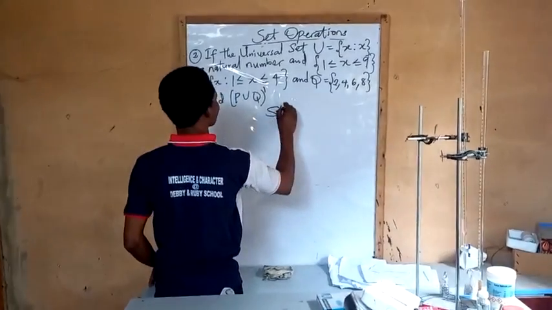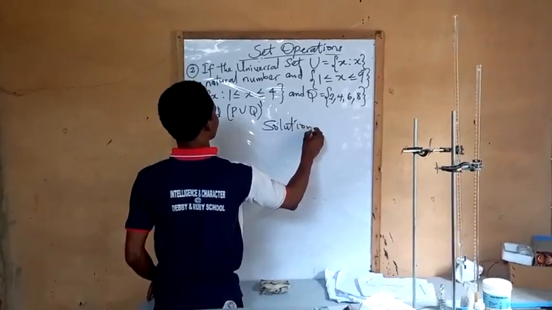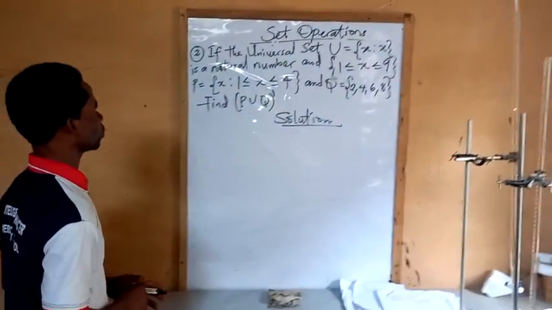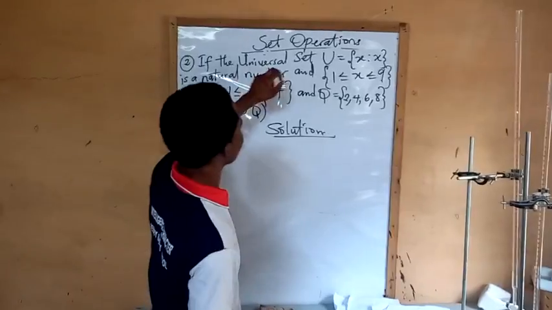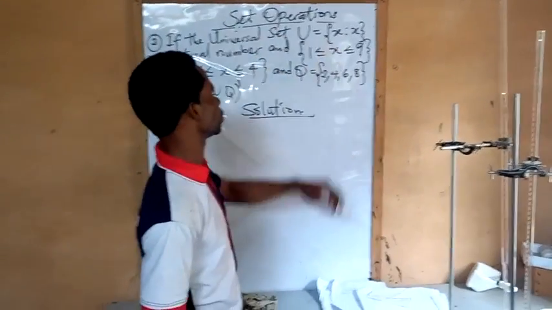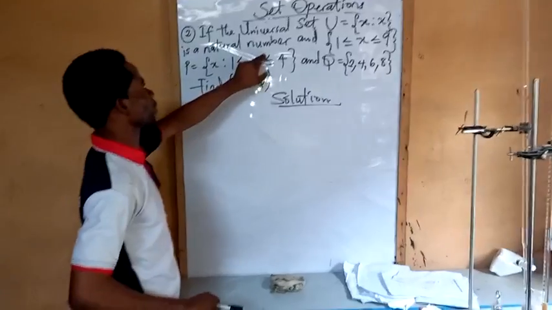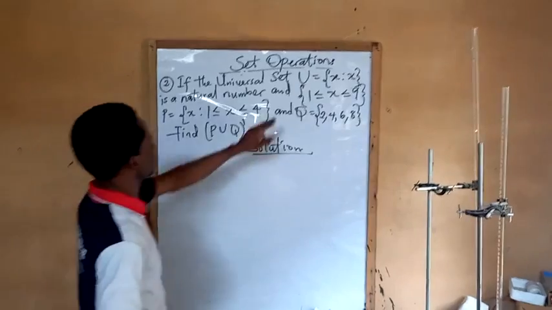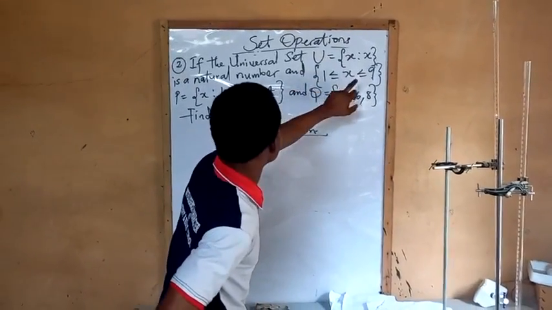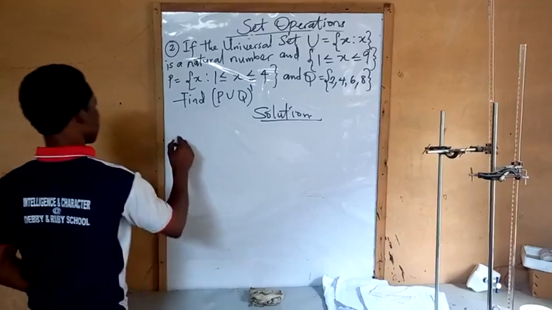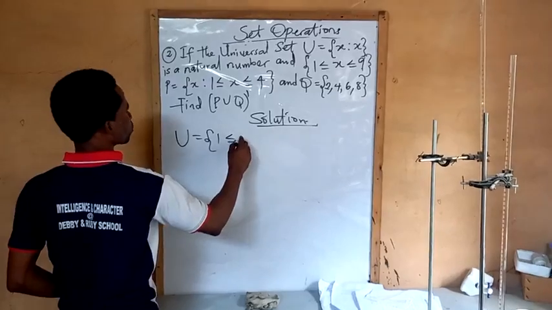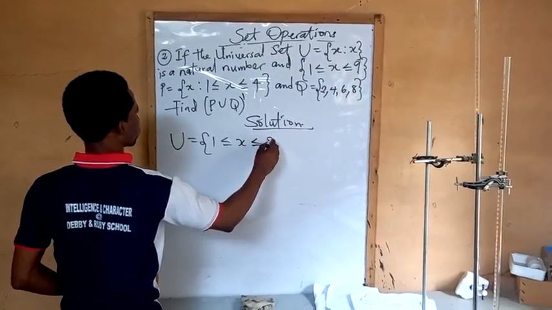Now, if you look at this also, it says if the universal set U is the natural numbers, and this means universal is 1 less than or equals to x less than or equals to 9.